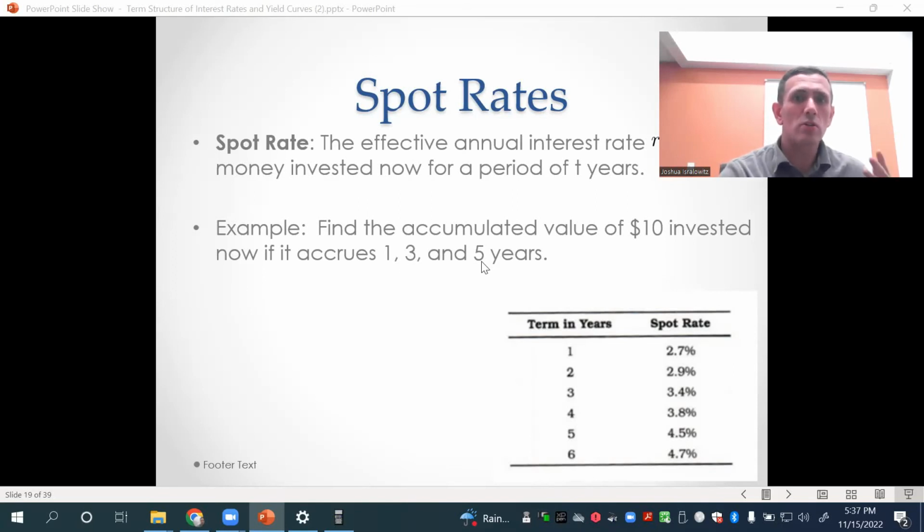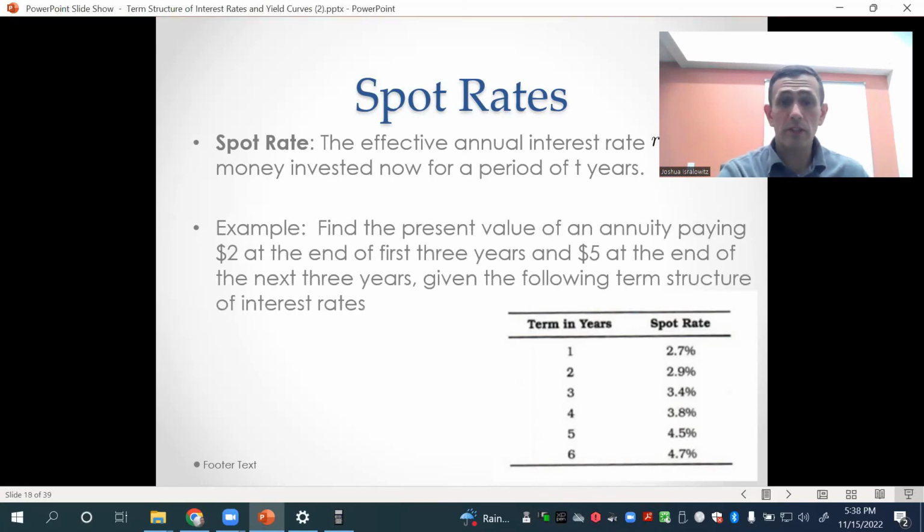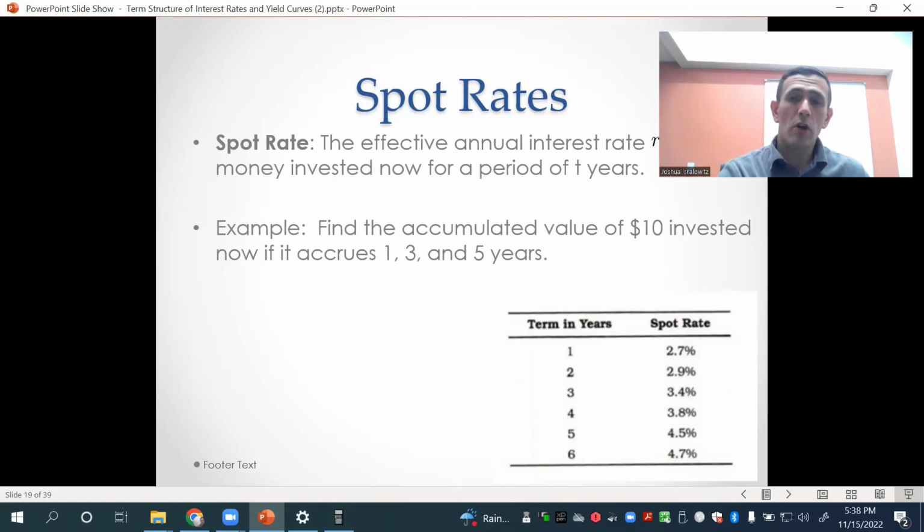So one thing I want to make clear is that spot rates are for money invested now. That was the interpretation of everything in the prior example using present value. Dealing with the term structure of interest rates for money invested somewhere after right now, we're going to need something called a forward rate for that.